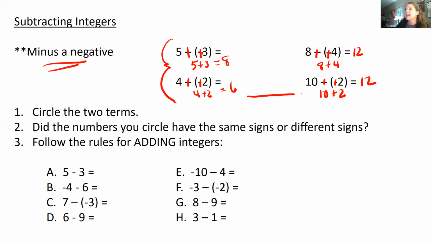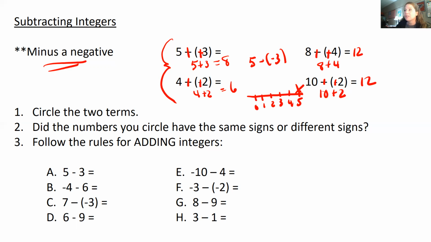So let's look at a number line. 5 minus a -3. All right, so we have 0, 1, 2, 3, 4, 5. The first number tells us where to start. We're starting here. The negative sign tells us to go left, but then look again. There's another negative. Can we take 2 lefts?